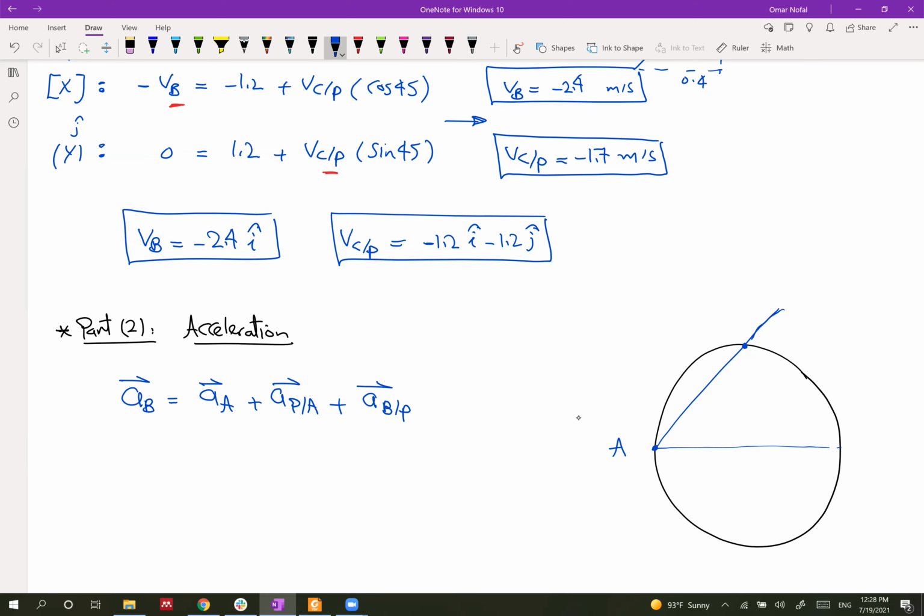So this is our arm, and we have an omega. And let's assume the alpha. So we have an omega in this direction, omega AB, 3 radian per second. And let's assume that we have alpha AB equal to 0.